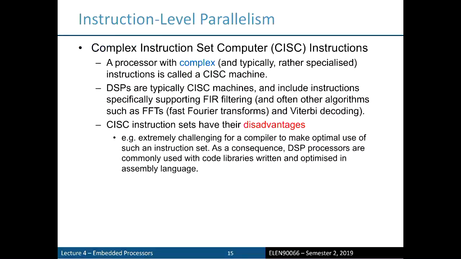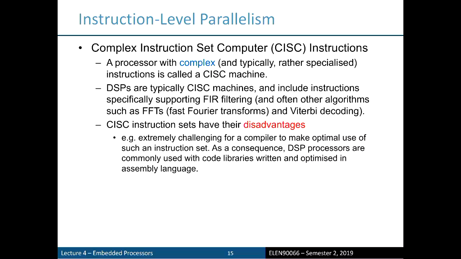I spoke a bit about CISC instruction sets. DSPs use CISC instructions, very complex instructions almost from a high level that don't give you access to individual units. And so that gives you a level of parallelism because, say, for instance, you can run a fast Fourier transform operation and the hardware knows how to do that in parallel because it knows it has multiple functional units that don't interfere with each other.